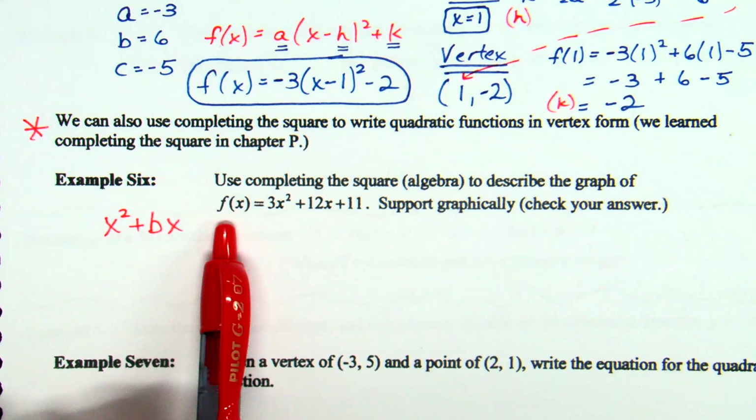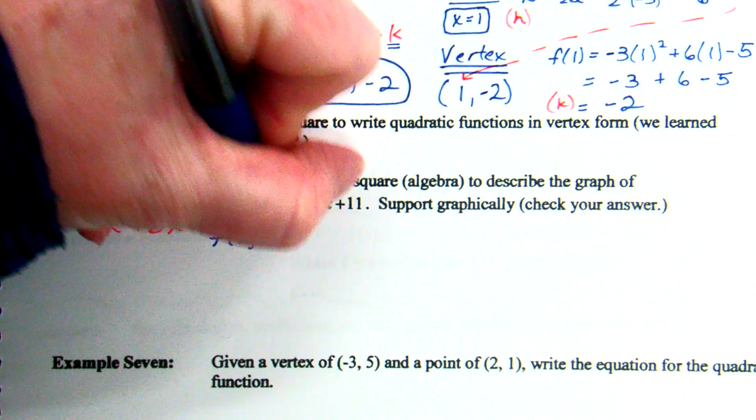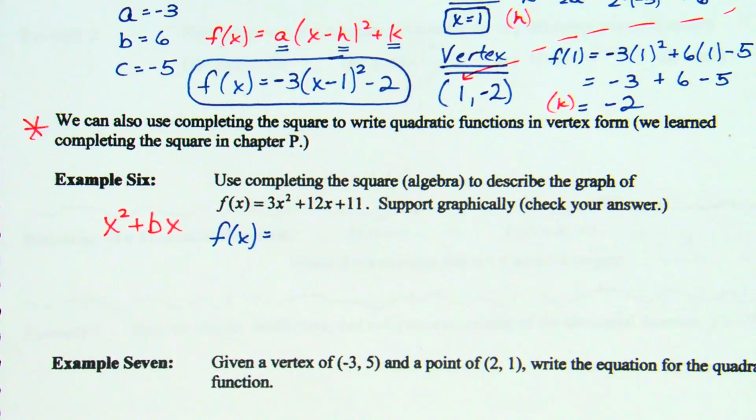So as I rewrite this equation, first thing is I want to get an x squared plus bx by itself. And I say kind of, quote, by itself. So first of all, notice on x squared, do we have just a 1x squared? No, we have a 3x squared. I don't want a 3x squared. So what we're going to do is take 3 and factor it out from our x terms.